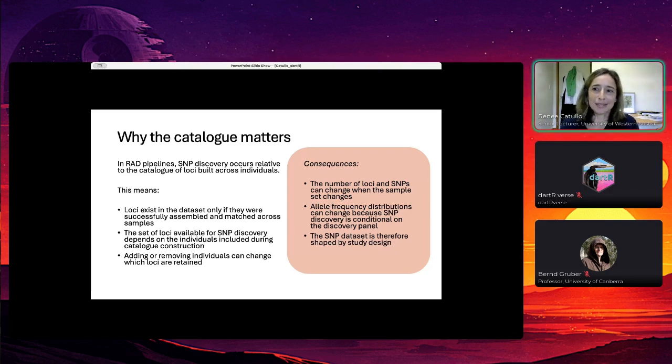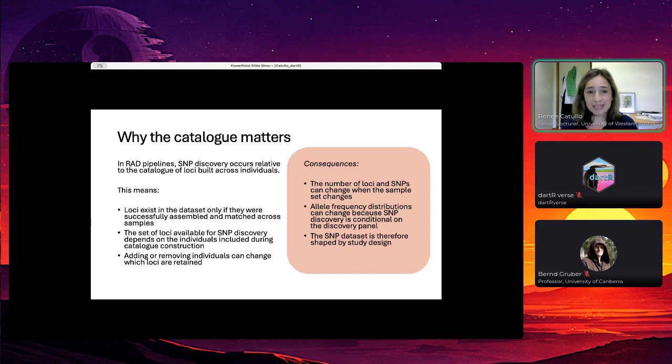So you can't just add some more individuals and find the SNPs and think, oh, there could actually be more loci that become more informative. The consequence is that the number of loci and SNPs change when the sample set changes. So comparability has to start at the raw data stage. Allele frequency distributions change when you change your suite of individuals, and given population genetics is pretty much entirely based on allele frequencies, that means you can change your answer.